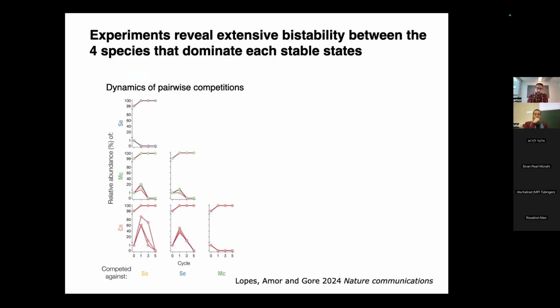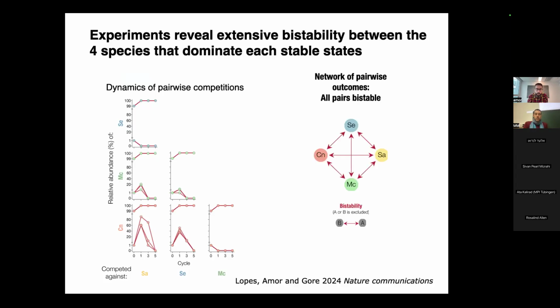And we found that among the four focal species that were taking over the stable states, we saw bistability in all of the possible combinations. So basically, this means that SE can win against any other of the competitors, depending only on the relative abundance at the beginning of the experiment. And this is true for all the combinations.